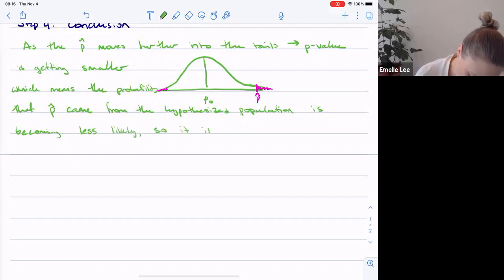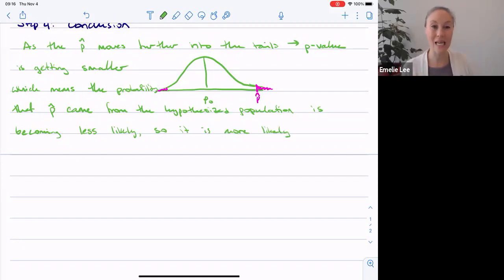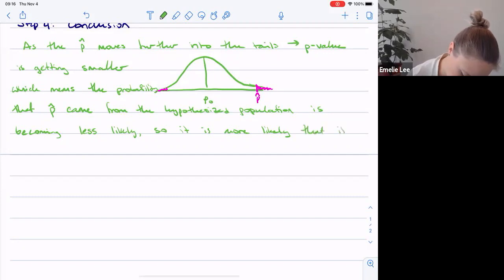So it is more likely that it came from a different population.